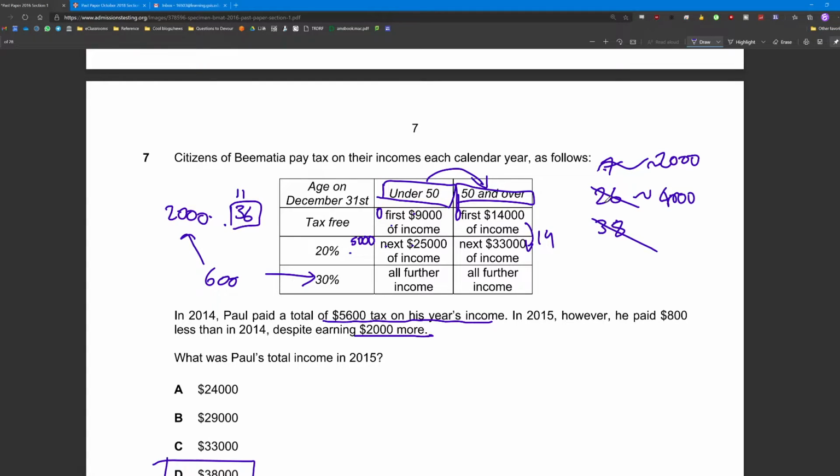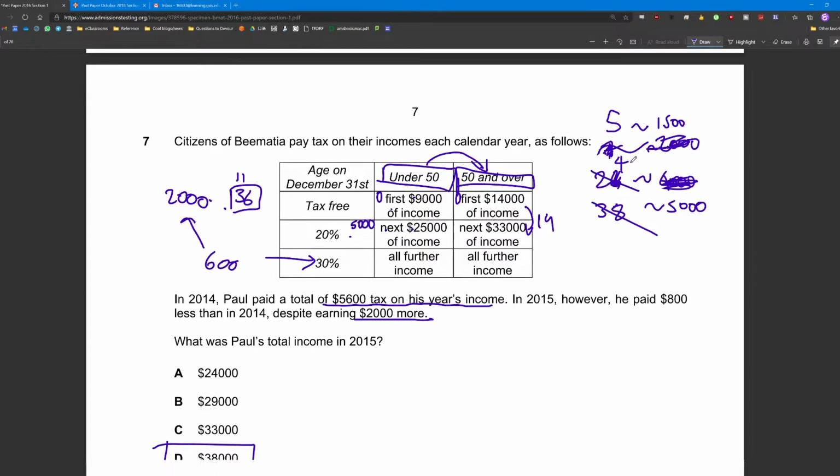I don't know, like, oh, I see the mistake. I just subtracted incorrectly. 24 at 20% is going to be around $5,000, and 30% of this is going to be $1,500. That's interesting, actually.